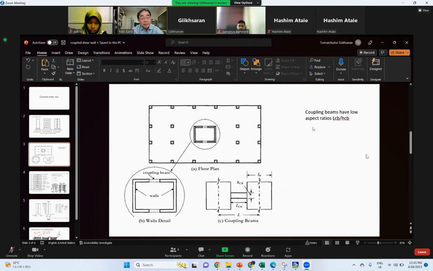In addition, coupling beams have a low aspect ratio, L divided by H, where L is the distance between the center lines of wall 1 and wall 2, and H is the height of the coupling beam.